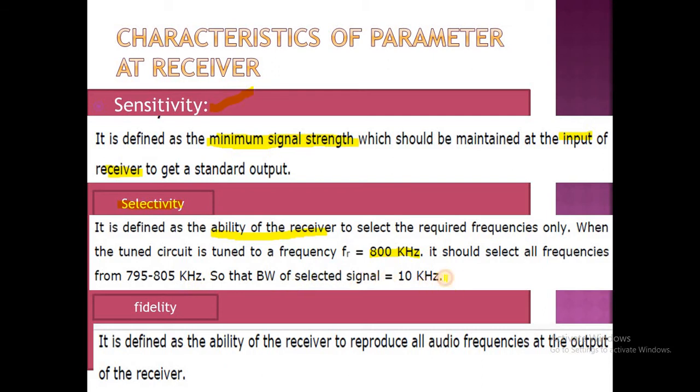So the bandwidth of a particular selected signal will be 10 kHz. What is selectivity? It means the ability of the receiver to select the required frequencies only and reject the unwanted frequencies. It is the selectivity. It is also one of the parameters.